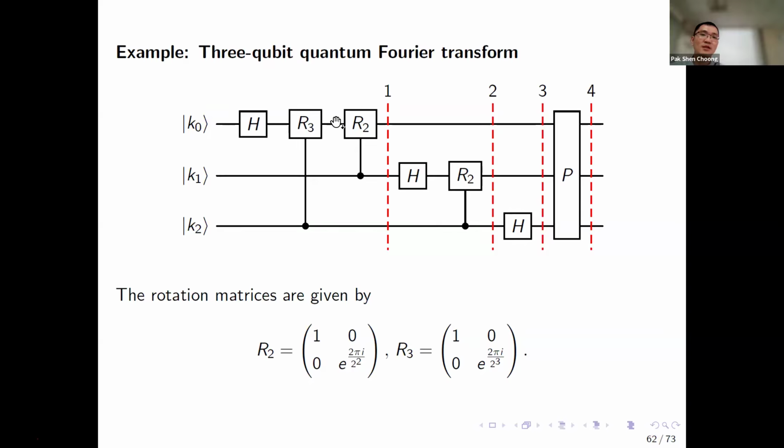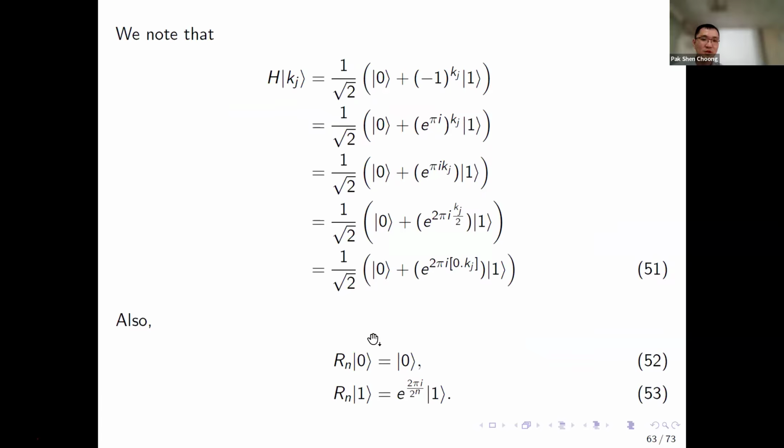When K2 is 1, you are performing the rotation. So here I wrote, when your control is 0, you basically do nothing. When it is 1, you do some rotation. This is how a control rotation works. Okay.